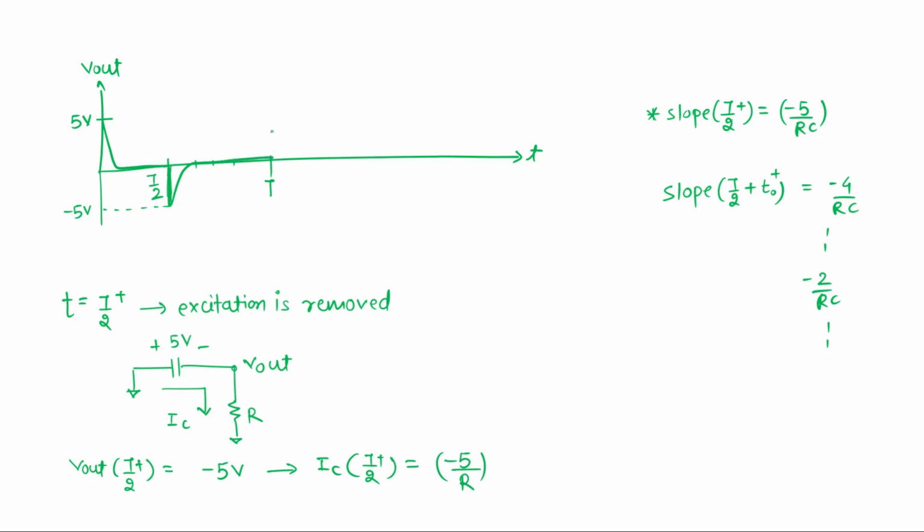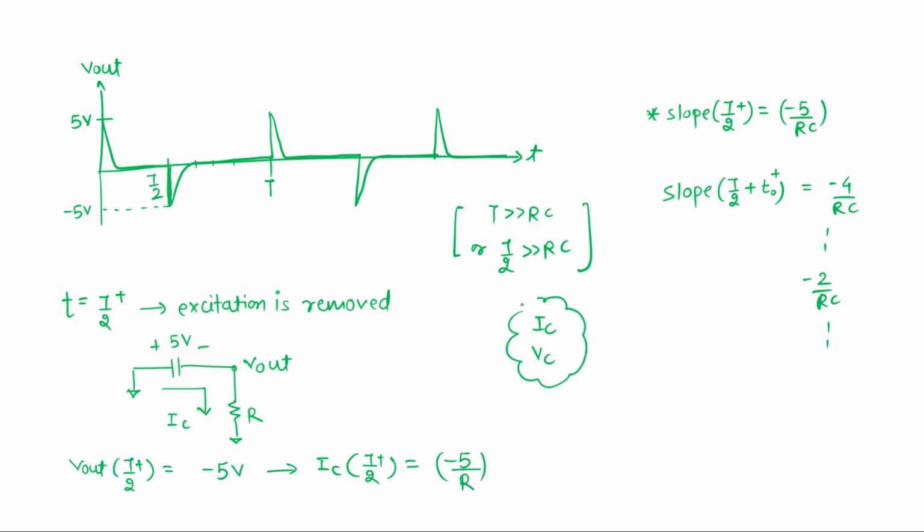Now the same thing will repeat. So this is our output response for this particular case when T is much greater than RC, or T by 2 is much greater than RC. Then this is your output plot. Accordingly, you can see what your current plot and your VC plot will be. This we have already discussed here.